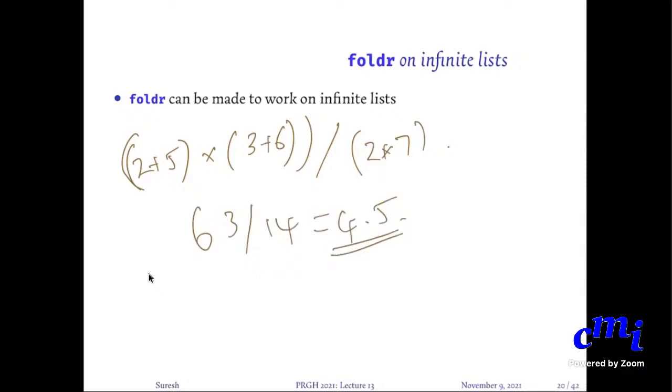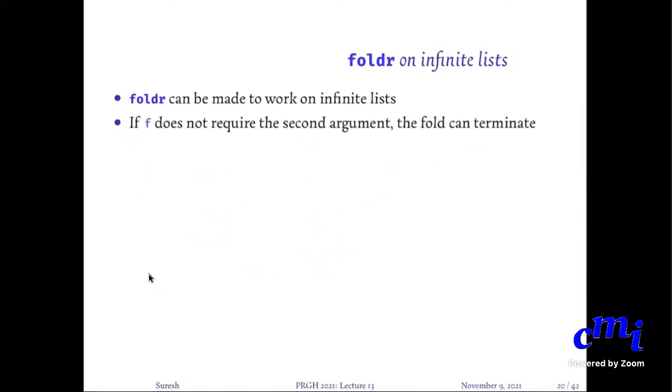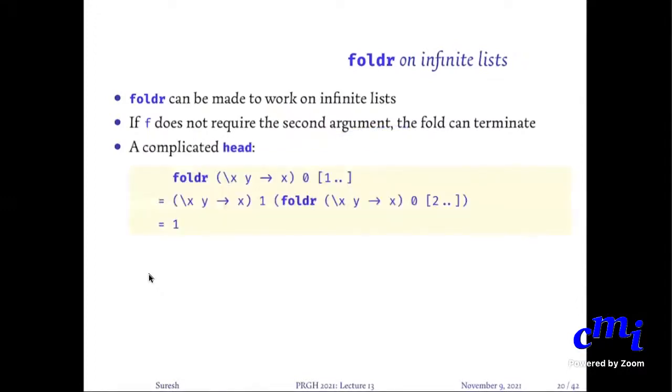Apply the same principle to fold R also. This is the important point: if f does not require the second argument, then fold can terminate even on infinite lists. So for instance, here is a very convoluted way of writing head.